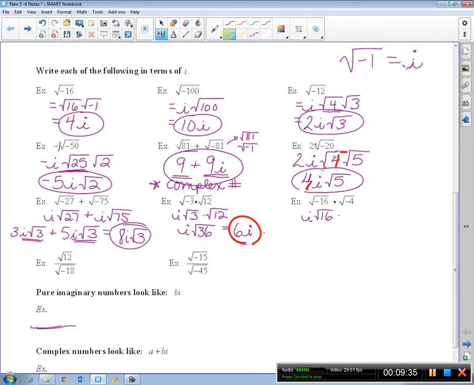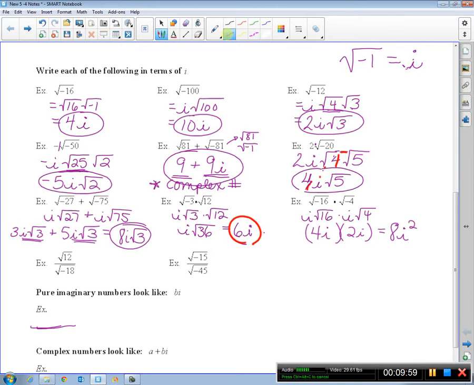Square root of negative 4 is i square root of 4. So this one's interesting. We have 4i here times 2i here, which, pretend i is just a variable, is 8i squared.